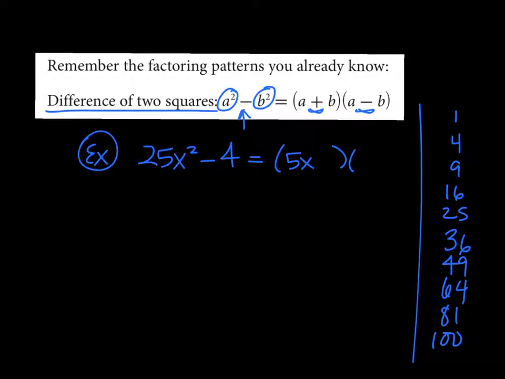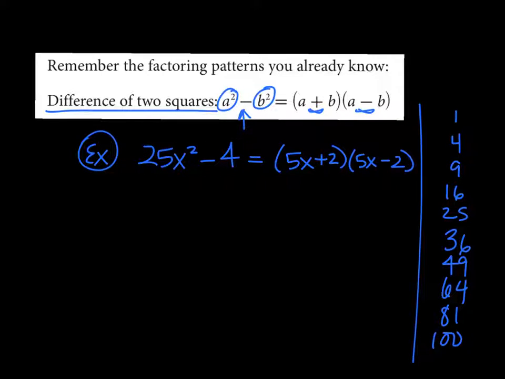So for example, if you're given 25x squared minus 4, that's going to factor to become 5x. Right, I'm going to split the 25 to make it into 5x. And then I can split my -4 to become +2 minus 2.